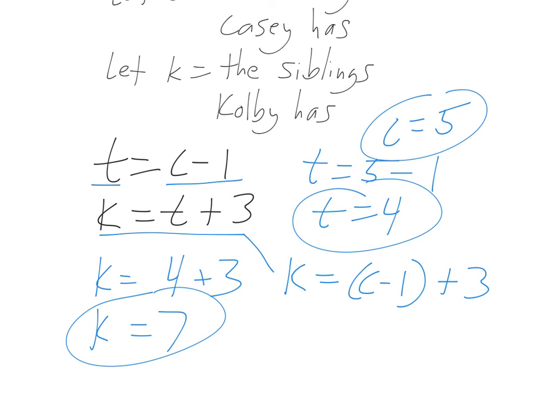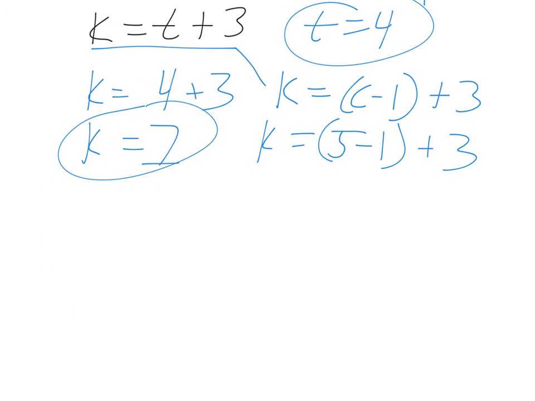Then if I'm given the 5, I can substitute that in. So 5 minus 1 plus 3 equals K, and 5 minus 1 is 4, plus 3 equals K. K is going to equal 7.